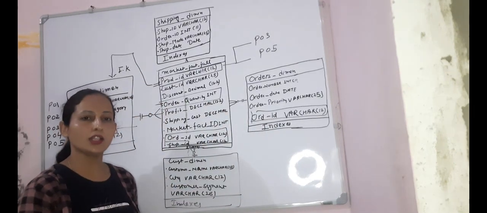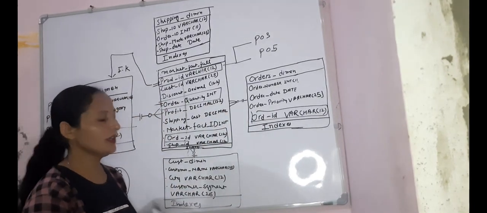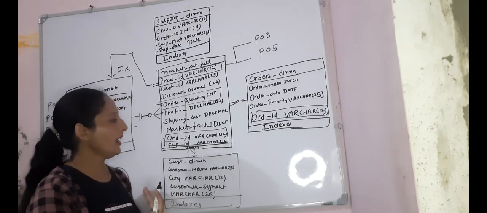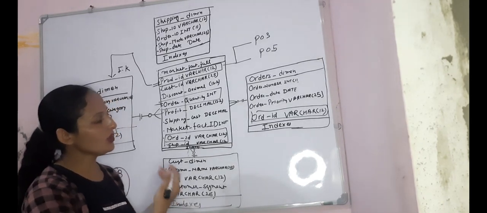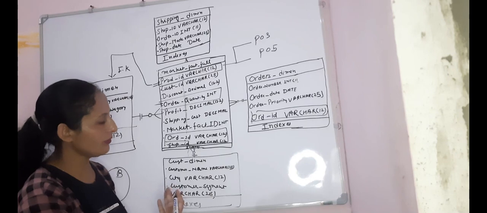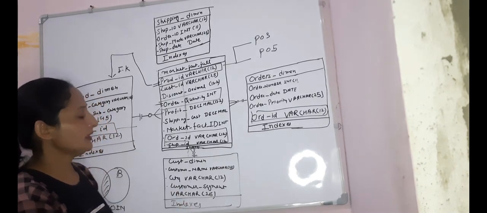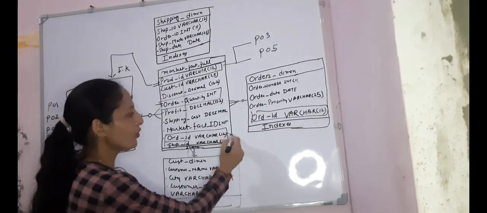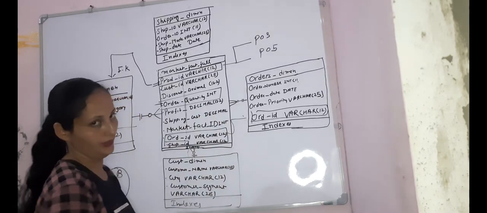If we have a common attribute and we want to extract extra information from there, then there should be a foreign key relationship here.